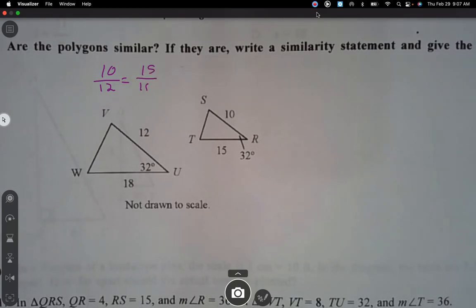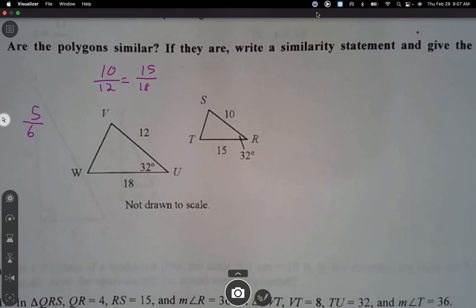If I reduce those, is that the same number? Mm-hmm. So let's see, if I divide those by 3, it works. And what does it ask for? My scale factor, thank you. That's my scale factor right there, 5 to 6.